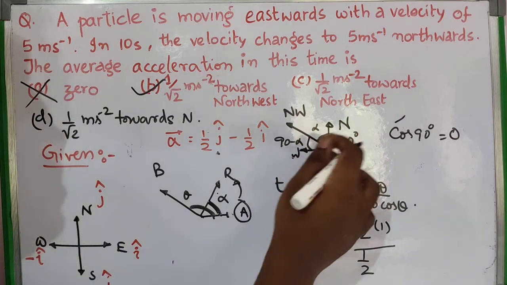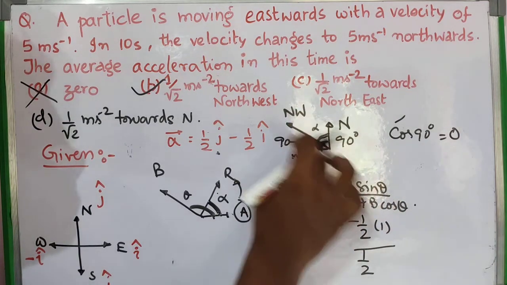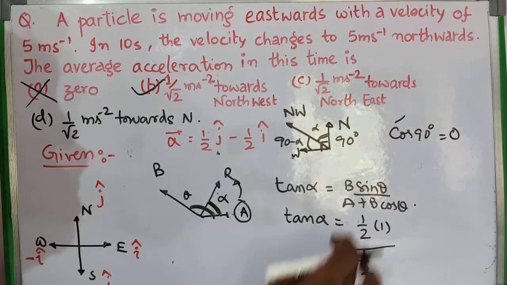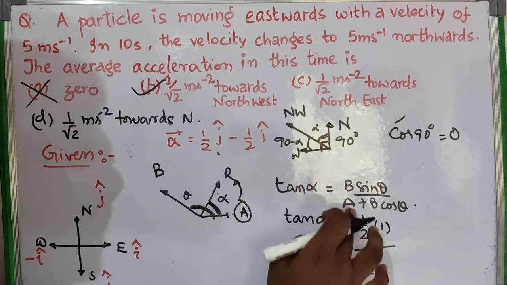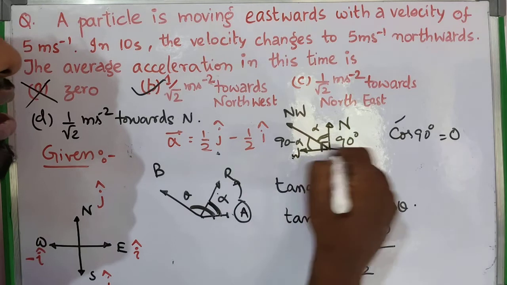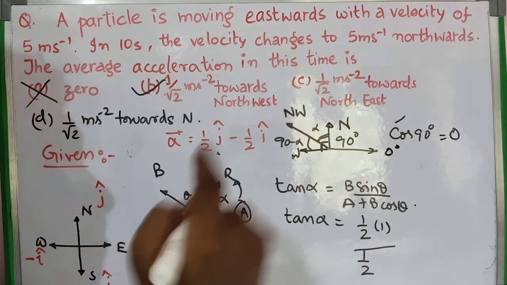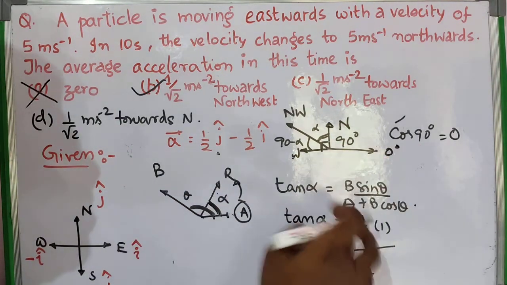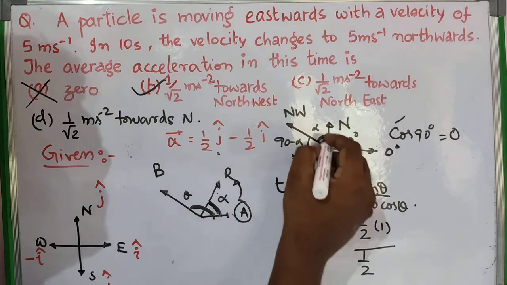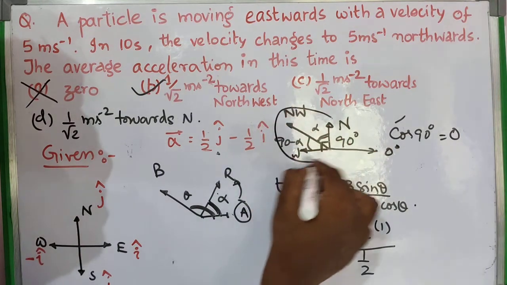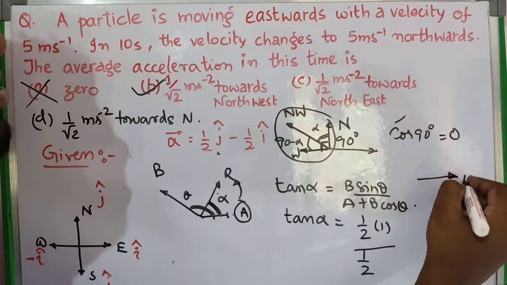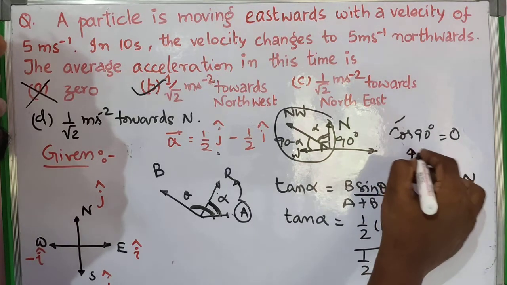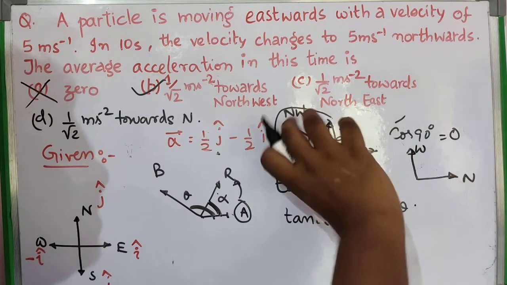Since we are only considering this part, we can also ignore this minus sign. If my reference is from 0 degree, I cannot ignore that minus. But since I am only taking this quadrant in my mind, can't I write this as north, this as west, just tilting it like this?